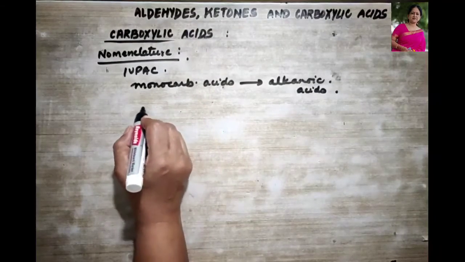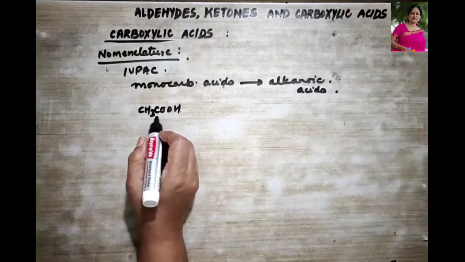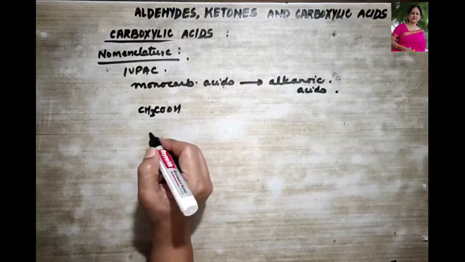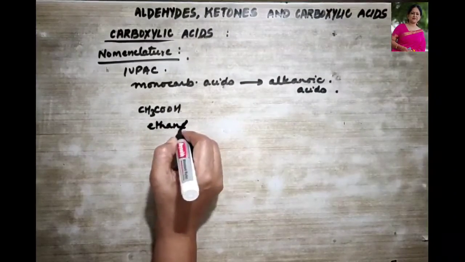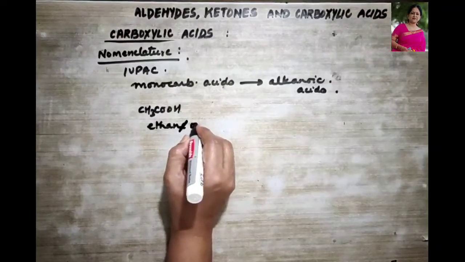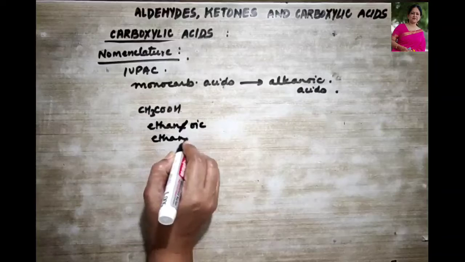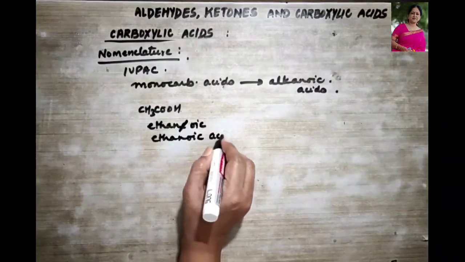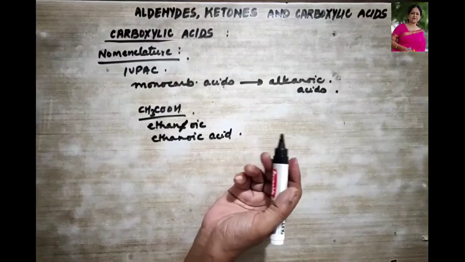For example, CH3COOH is made up of ethane, so you remove the E from ethane and you add OIC. So what does it become? It becomes ethanoic acid. Clear? This is how we give the IUPAC name to it.